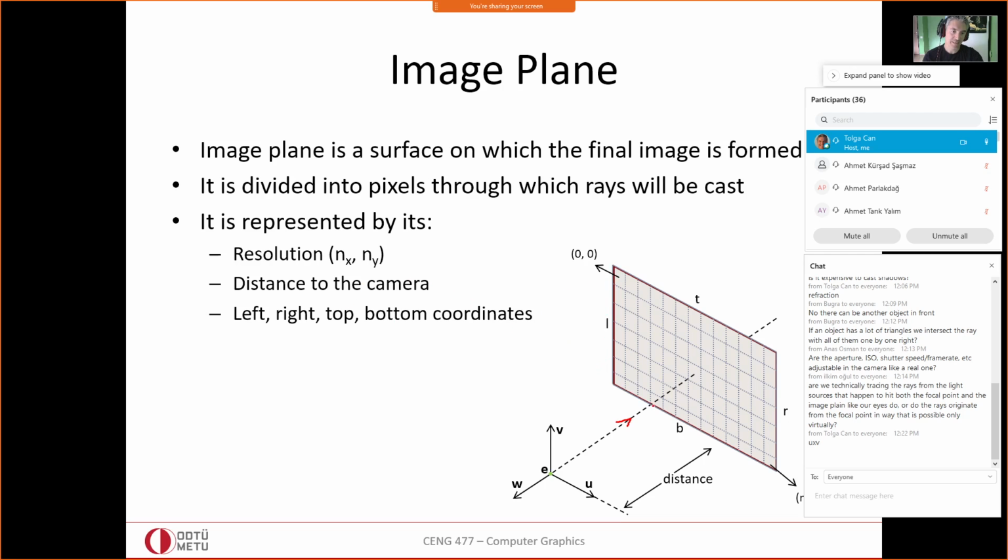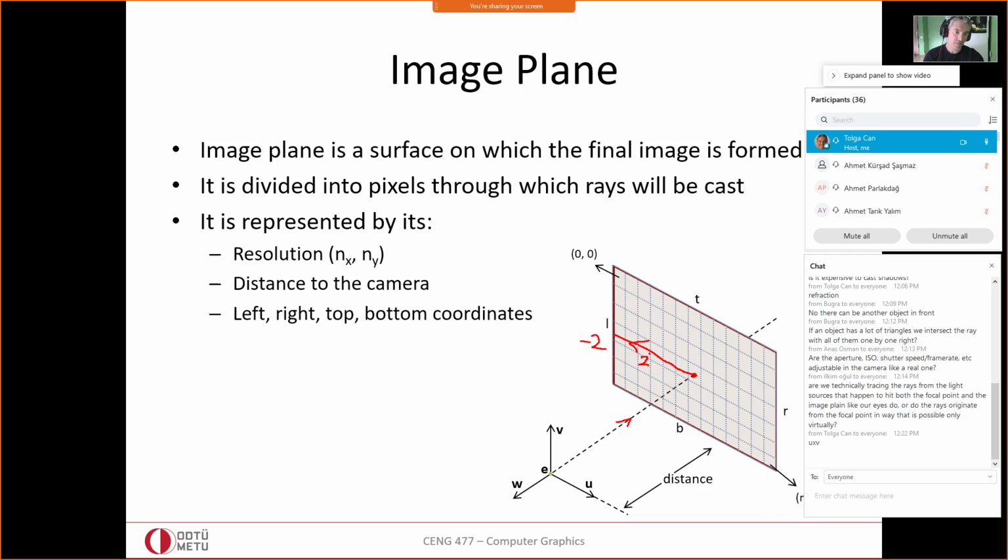L, R, T, and B are going to be given as scalars relative to our gaze. In other words, when I say L is equal to -2, it means that the distance from this gaze towards left is 2 units. So from the gaze, from the center pixel, go 2 units in the -u direction.